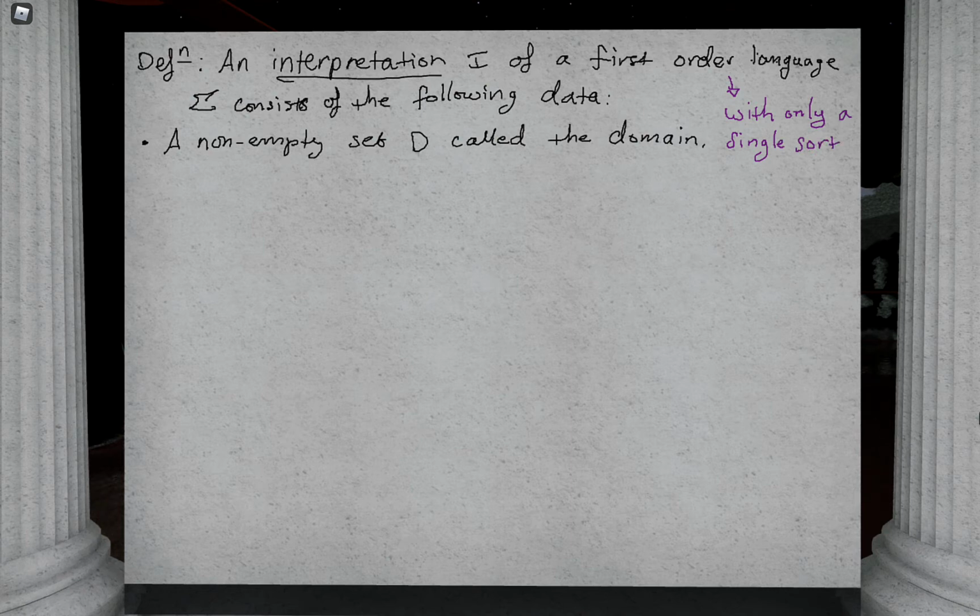Okay, so for the entire lecture today, we're going to assume that the first order languages that we consider consist of a single sort. Okay, and so we have a non-empty set D called the domain.